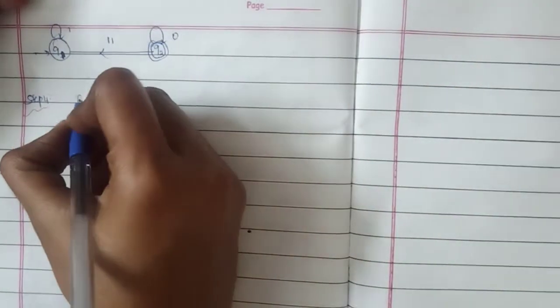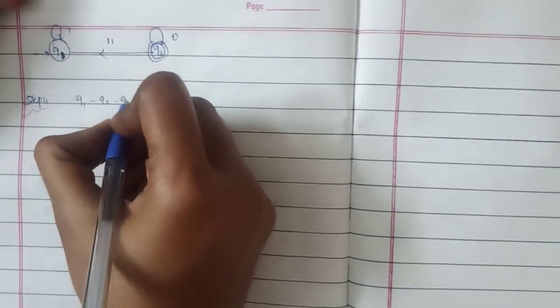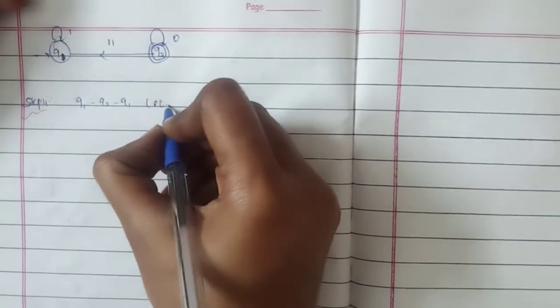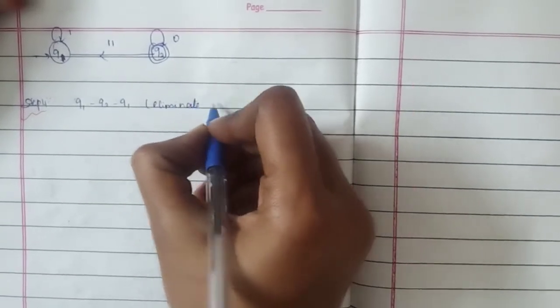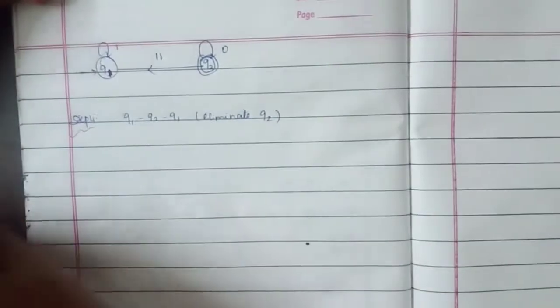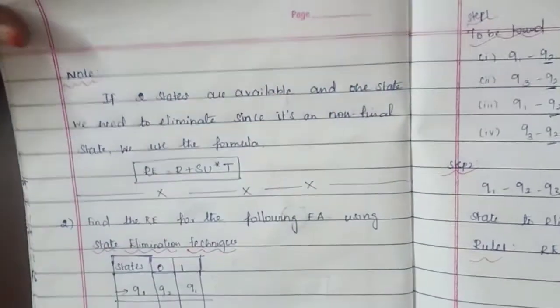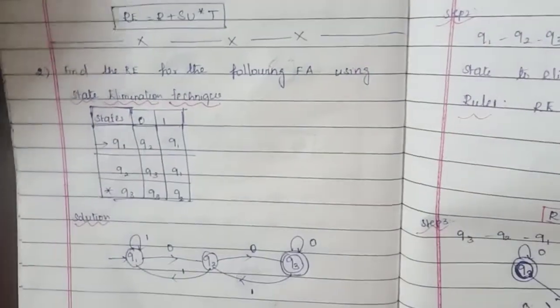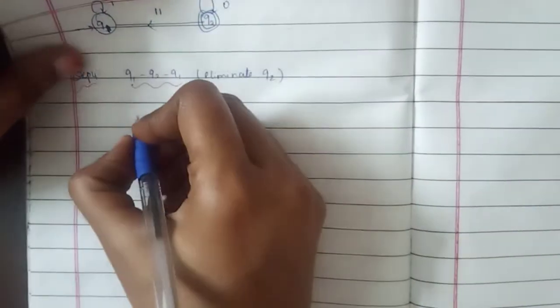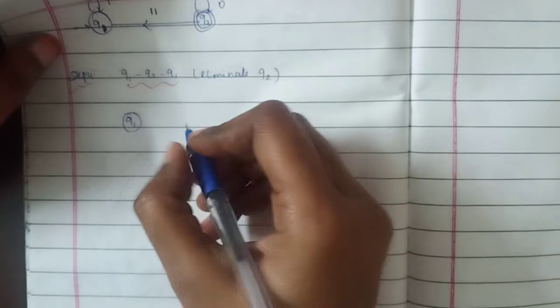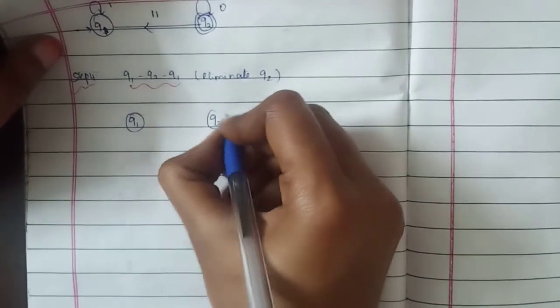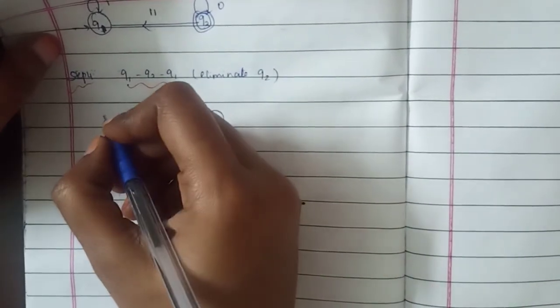Okay, so Q1 Q2 Q1, so we have to eliminate Q2, right? So when you have this, just refer to this diagram. So Q1 will have Q2. So what is Q1?